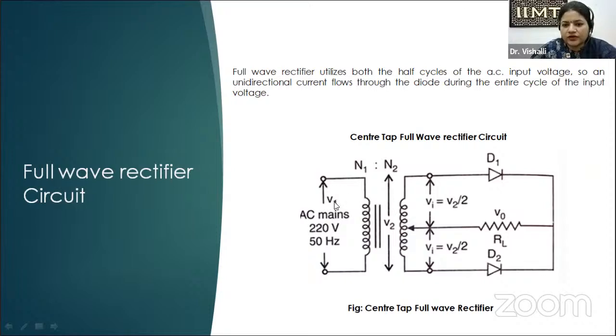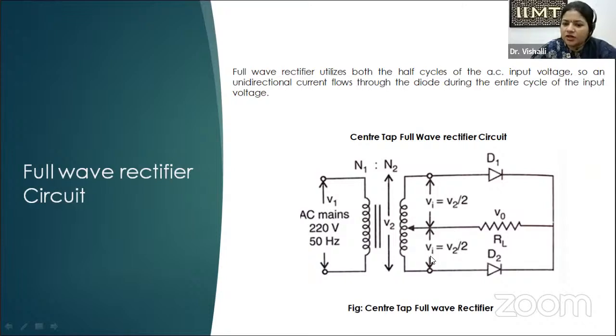For example, if we apply V1 as the input voltage, and V2 is the voltage across the secondary winding, then due to this center tap, the voltage from the top of the secondary winding to the center tap gets halved. The input voltage fed to diode D1 for the upper half will be half of the total voltage, that is V2 by 2.